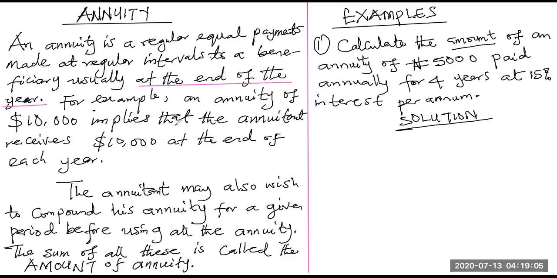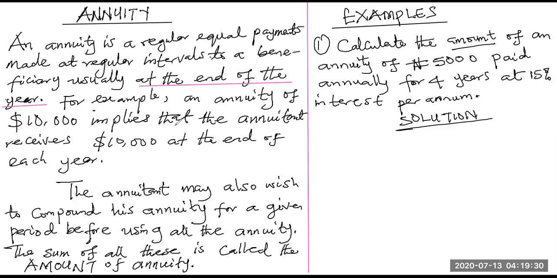So the annuitant may wish to compound his annuity for a given period. This illustration will help you understand how annuity calculation is done, since it comes at the end of the year. He can compound his annuity, and the sum of all of this, after compounding for a given period of time, is what we add up.